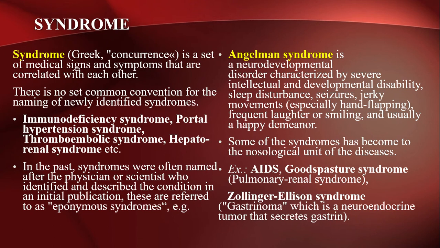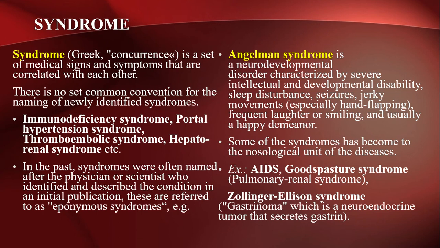For example, you know the immunodeficiency syndrome, portal hypertension syndrome, thromboembolic syndrome, hepatorenal syndrome, etc. In the past, syndromes were often named after the physician or scientist who identified and described the condition in an initial publication. They are referred to as eponymous syndromes.